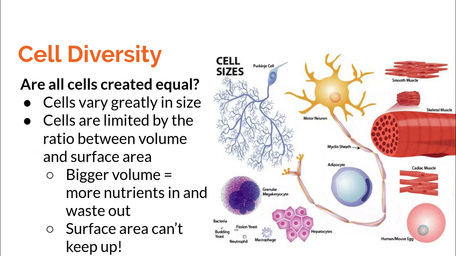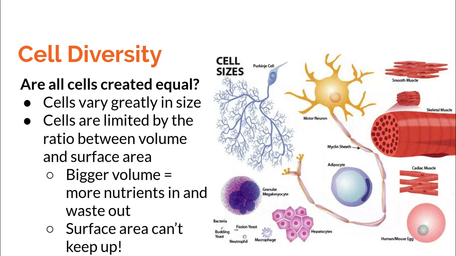The reason being, as a cell gets bigger, it needs more nutrients to come in in order to grow and function, and it also produces more waste. So through the cell membrane, more nutrients need to come in and more waste needs to move out.